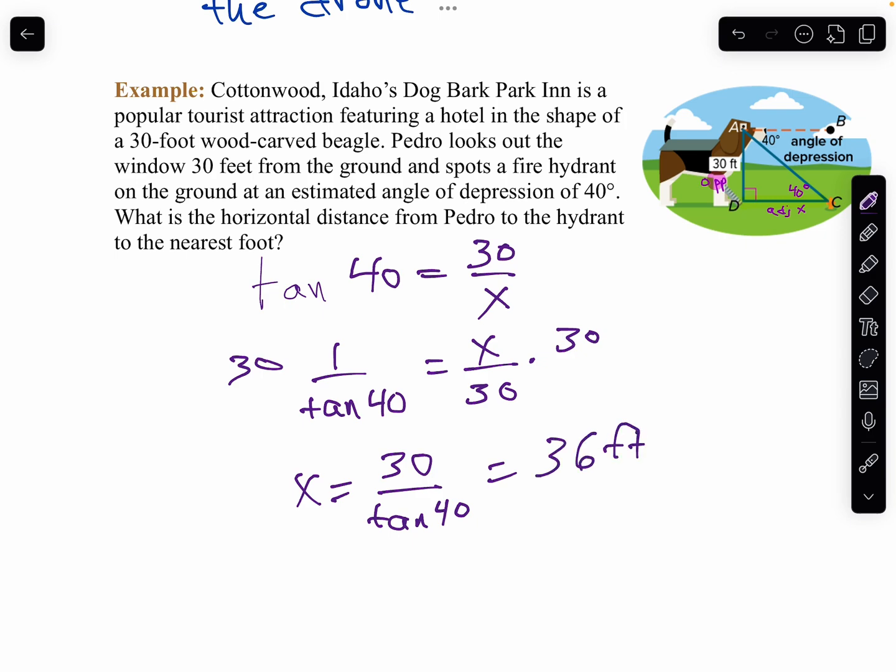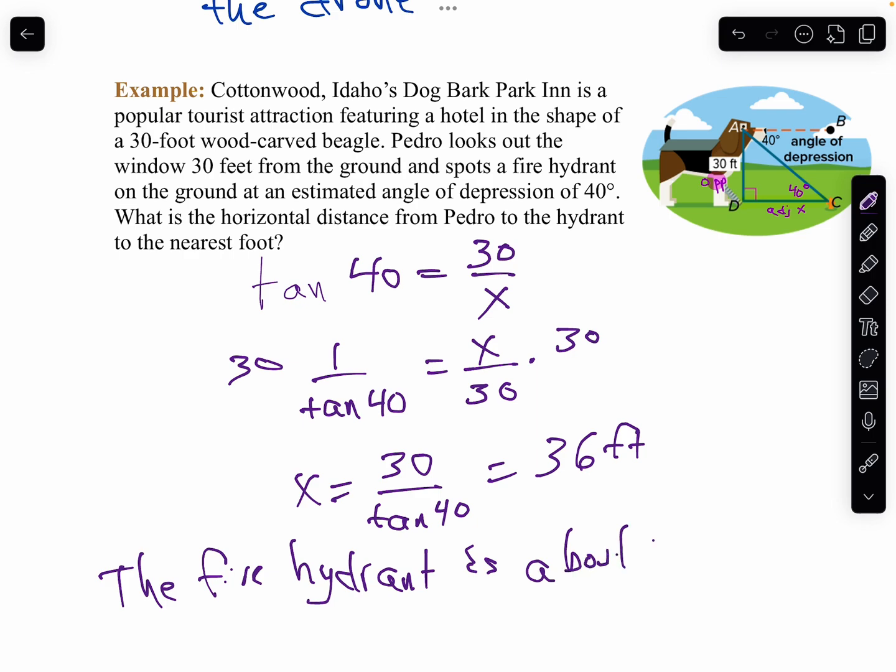So I'd say the fire hydrant is about 36 feet horizontally from Pedro.